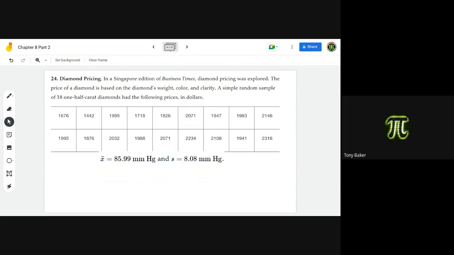That is not your standard deviation, and I grabbed the wrong one, because those numbers don't make any sense for this problem. That's your mean. Much better mean. And that's your standard deviation. Much better standard deviation. Yeah, those numbers didn't make any sense.